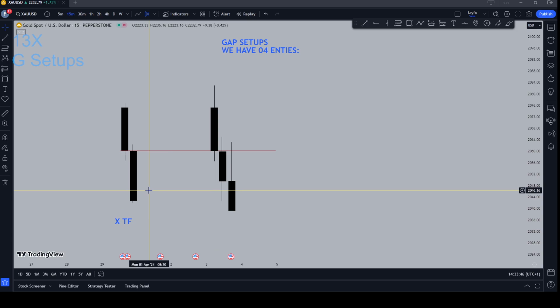So we have a bearish gap in X time frame, and we have a bearish gap CC in the time frame one lower. This one we call a gap to gap CC. This is the first one.